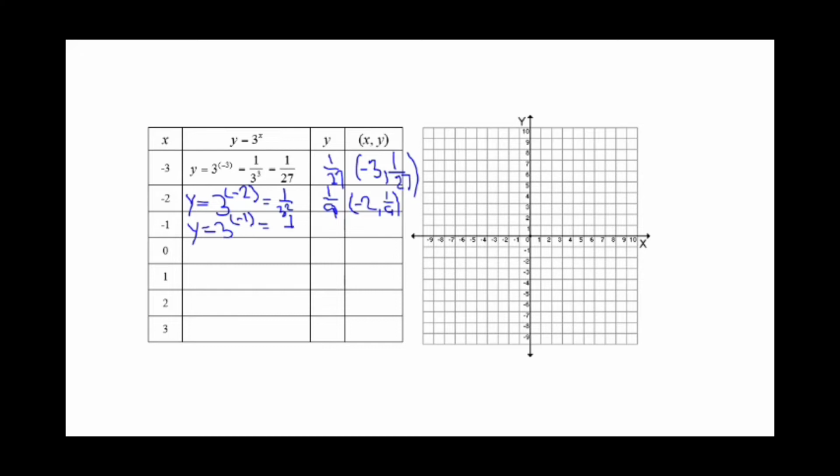So I have 1 over 3 to the first power, which is just 3, because anything to the first power is just times 1. So I have 1/3. So my point will be negative 1 and 1/3.